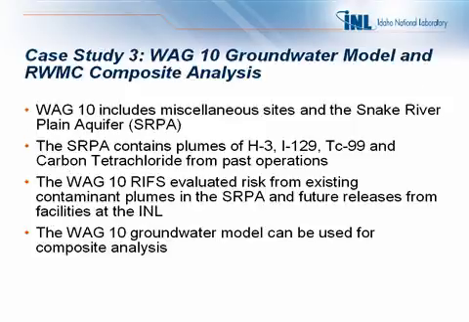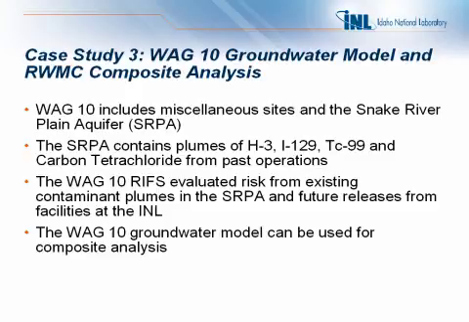And the last one is the WAG-10 groundwater model and RWMC composite analysis. So WAG-10 really includes the whole Snake River Plain aquifer, which currently contains plumes of tritium and iodine, Tc-99. And the WAG-10 model, we're going to apply it to the composite analysis.